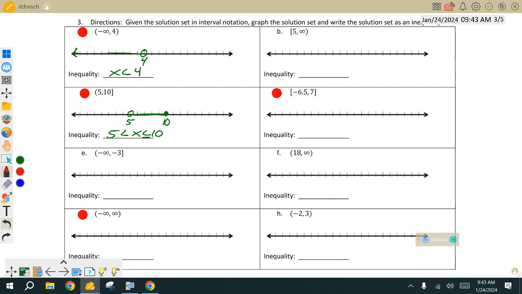Okay? So on the other one, what's the other one going to look like? Negative 6.5, bless you. And 7. Parentheses, no, we got brackets, right? So negative 6.5 is close to negative 7, so open or closed right there? Closed, you said.